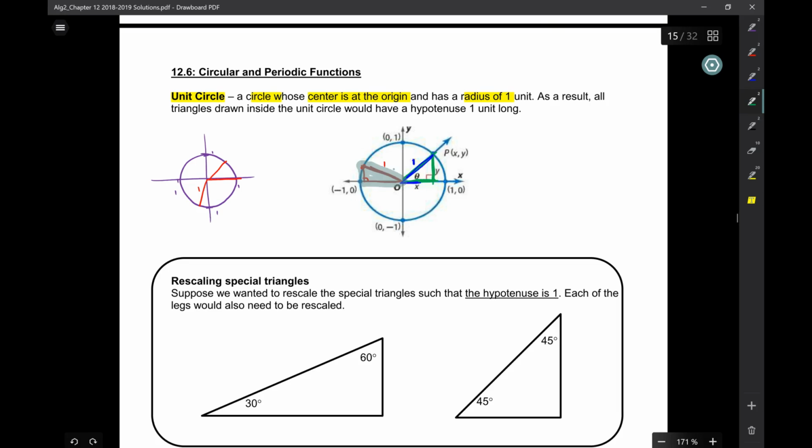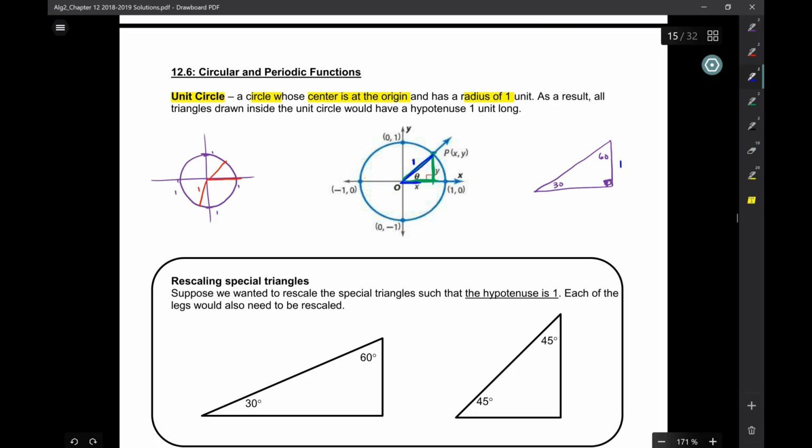So now let's take a look at our special angles. Remember our special triangles? This is a special triangle. I'm going to draw a 30, 60, 90. Okay, now, suppose this has a side of 1.